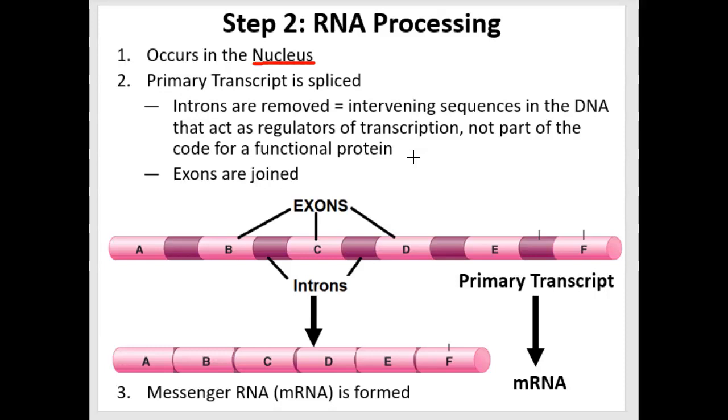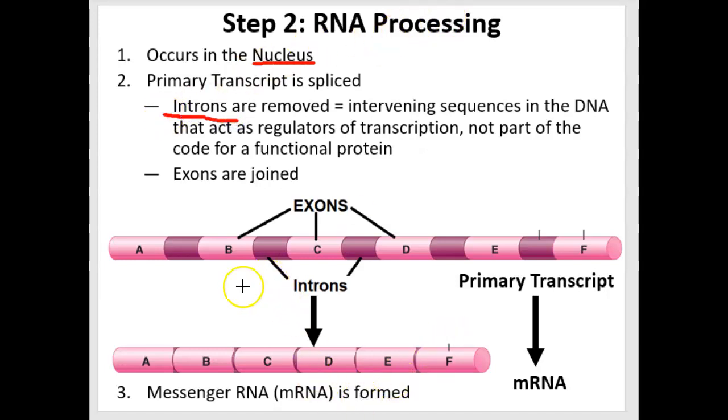The original gene contains some sequences that are not required to make the protein. These sequences might be regulatory sequences or even junk DNA that we've inherited through evolution, but they need to be cut out. So these sequences that are removed are called introns.